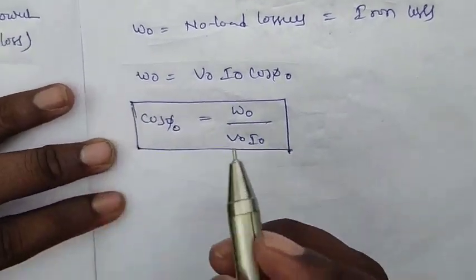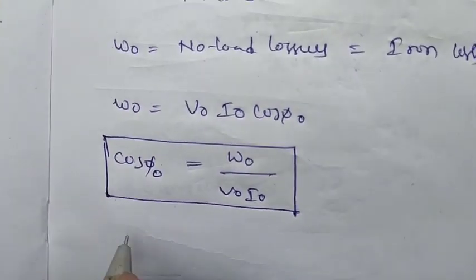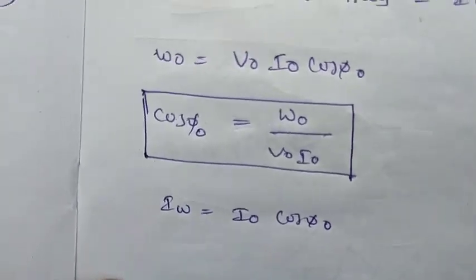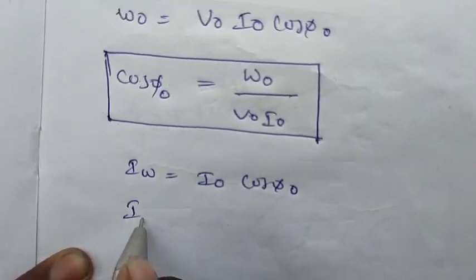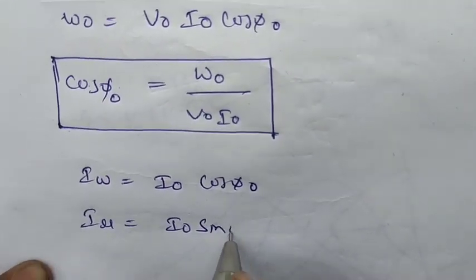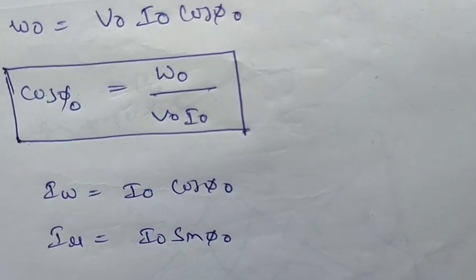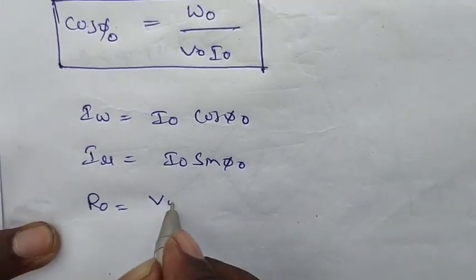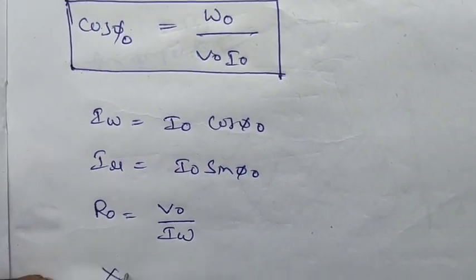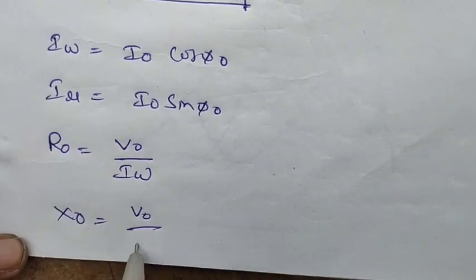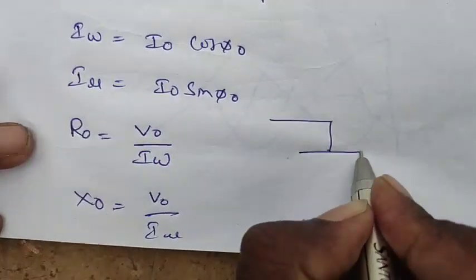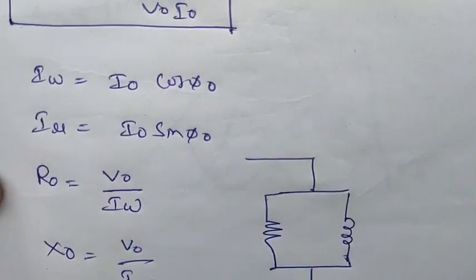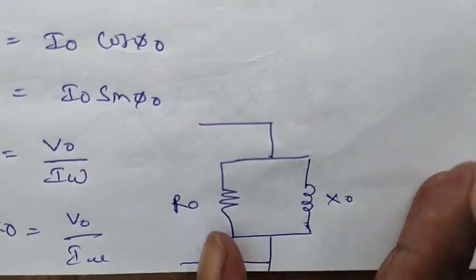After that we can calculate Iw equal to I0 cos phi0, and Im equal to I0 sin phi0. From this we can determine R0 equal to V0 by Iw, and X0 equal to V0 by Im. This is the equivalent circuit, with R0 and X0.